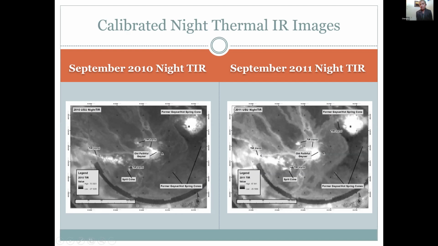And on the right, you'll see a September 2011 night thermal IR image. Both are grayscale images, and the whites indicate higher, hotter temperatures. In 2011, you can see hydrothermal fluid flow on the surface after a recent eruption of Old Faithful Geyser. One of the things we can do with these two calibrated night thermal IR images is difference them to look at the change. Next slide.